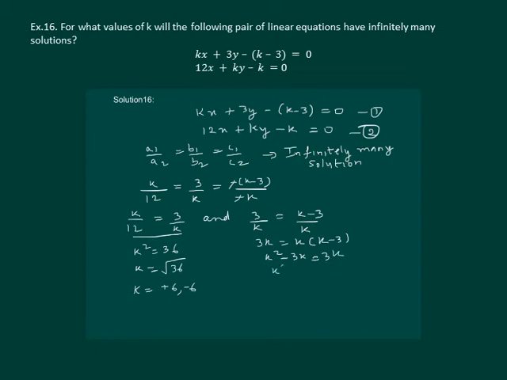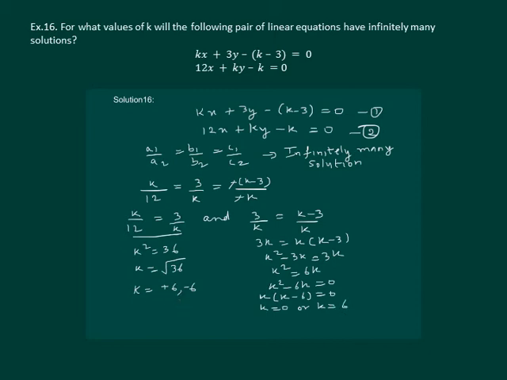So k square equal to 6k, or we can say k square minus 6k equal to 0, k into k minus 6 equal to 0. That means either k equal to 0 or k equal to 6.